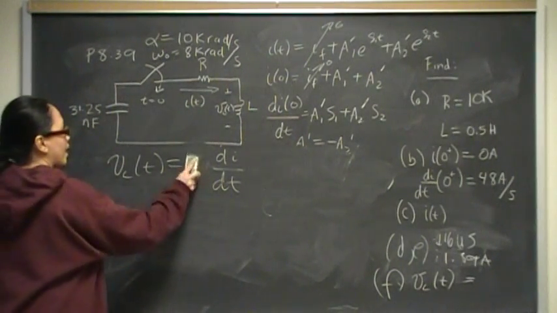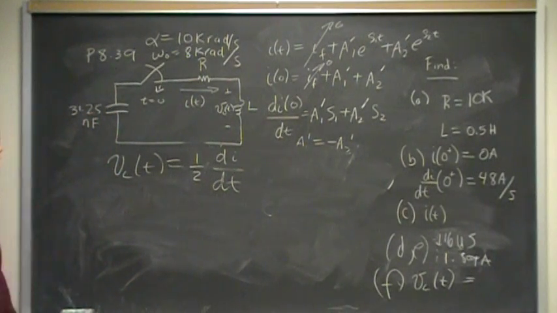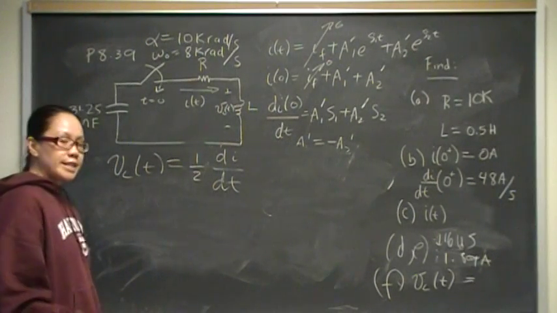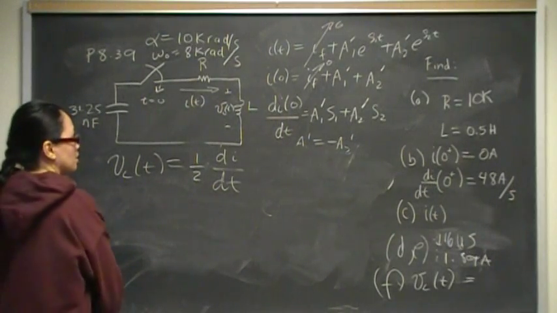We know that L is 1/2. Now we need to find di/dt, and we found that actually in part D and E when we were looking for the maximum current. We needed to do that because a derivative gives you a max, min, or point of inflection.